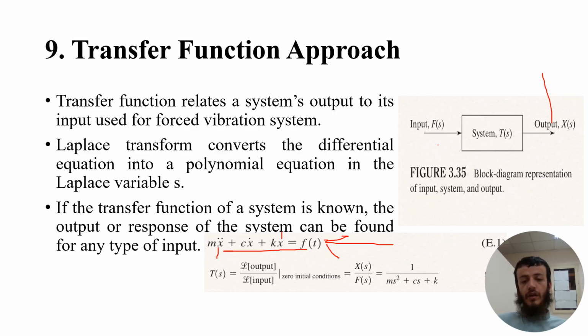Take this term, and this side will be F(s). Take F(s) to this side, and take this term to the other side. This will be 1 over this term. We will have this equation, that is the output X(s) for input F(s) equal to this. This is the response, isn't it?